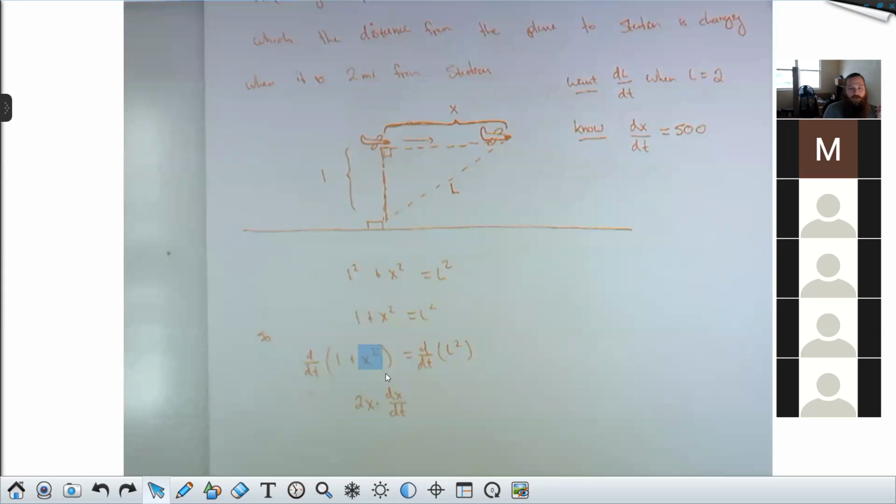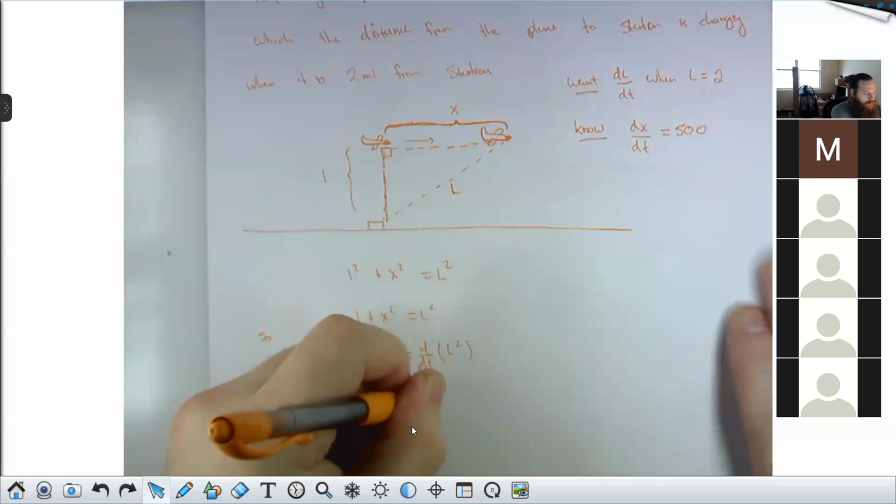So you kind of have to treat the x's the same way you treat the y's in our other implicit differentiation problems. We're differentiating with respect to something other than this variable. So you have to multiply by the derivative of that inner thing. The inner thing here is just x. And the d/dt derivative of x is dx/dt.